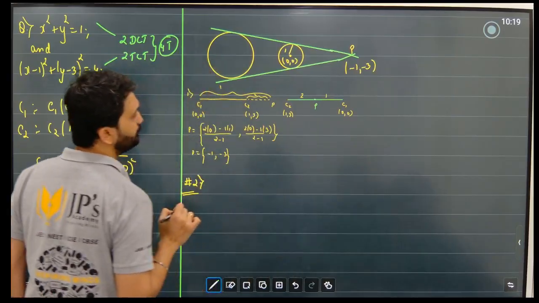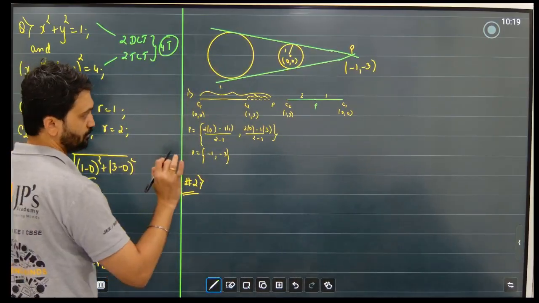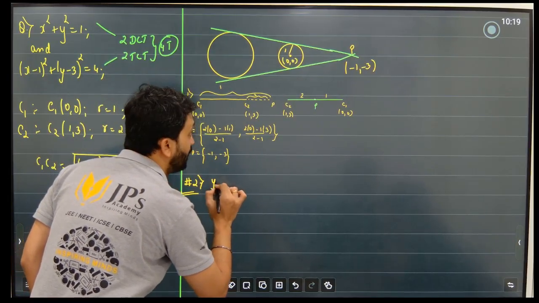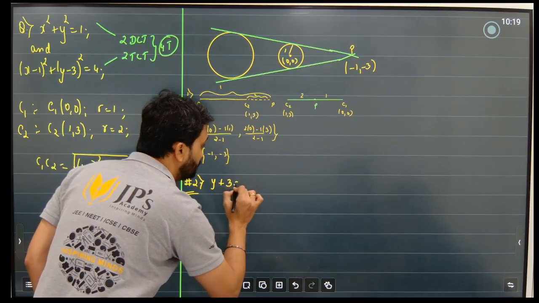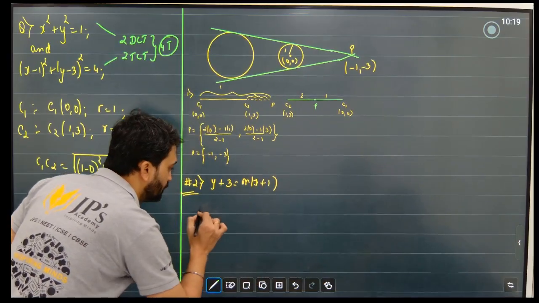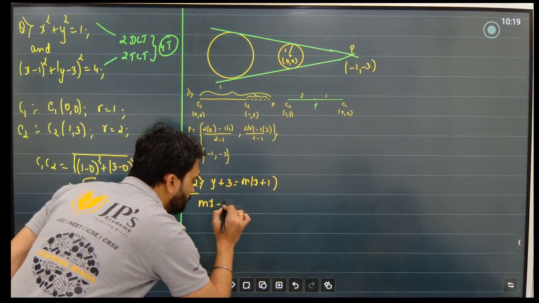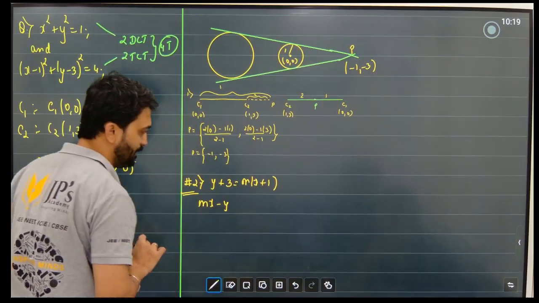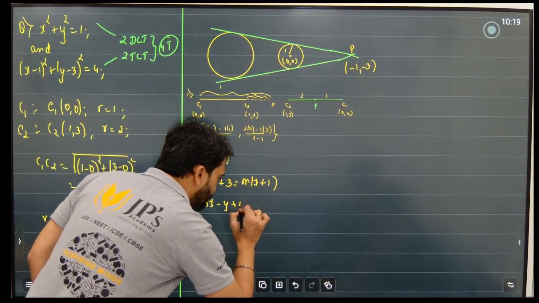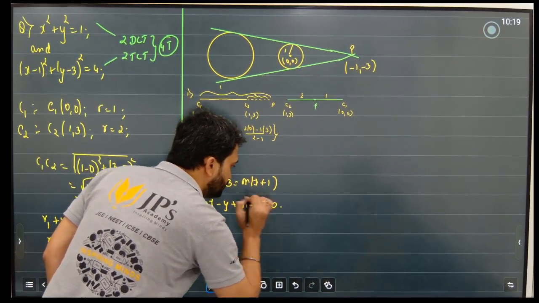Now from this point, tangents are drawn. So I know that from point P, tangent is drawn to become y minus y1 is equal to m into x minus x1. So mx minus y plus m minus 3 is equal to 0.